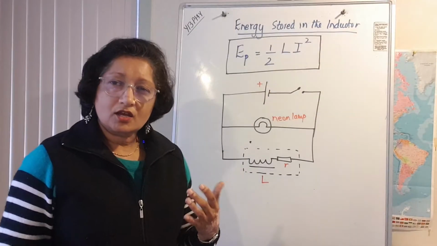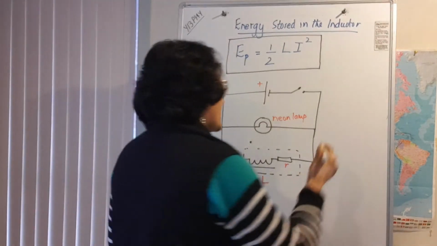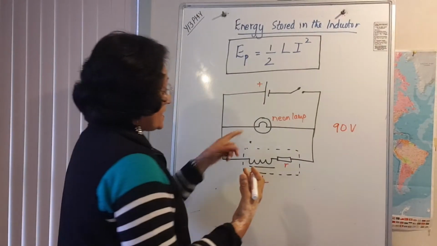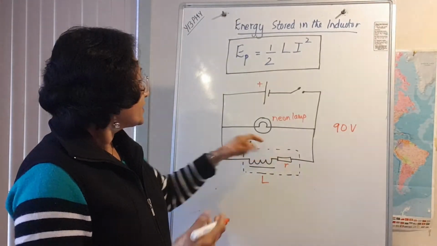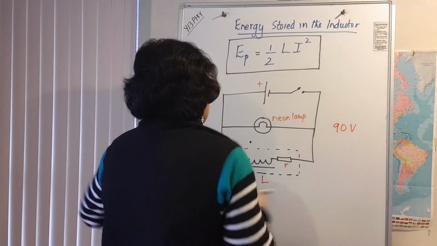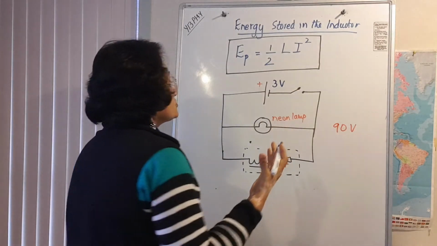The thing with neon lamps is that it takes a very high voltage to light them. These neon lamps need about 90 volts to actually light up. Let's say our DC supply here is a 3 volt DC supply.